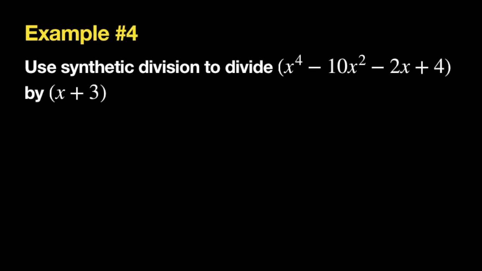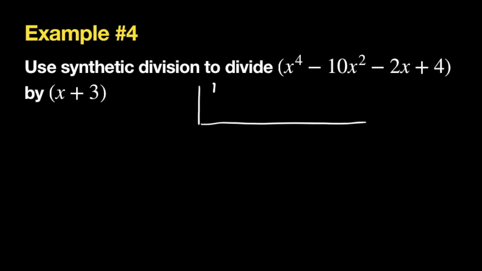Example 4 is slightly different. The reason is that we have x to the fourth, and then we have x squared. So we're missing right here an x to the third. We don't have anything there. So for this problem, we're actually going to use a placeholder. So the coefficient of the first one is going to be 1, because we have 1 x to the fourth.